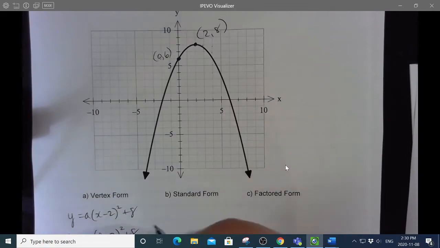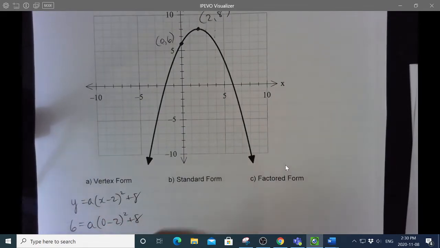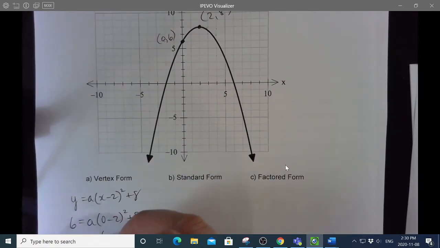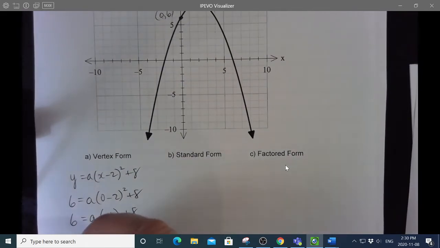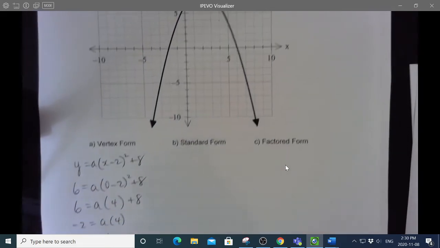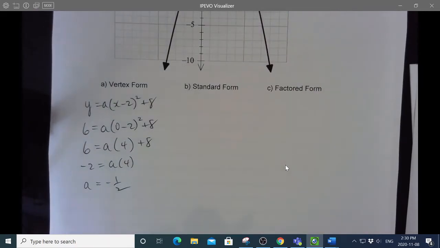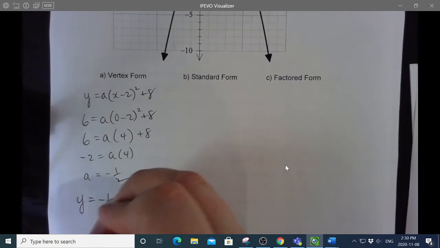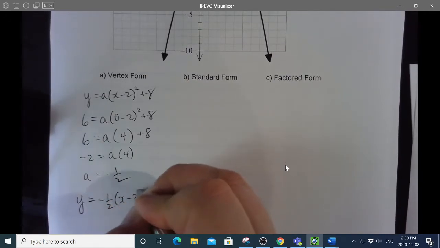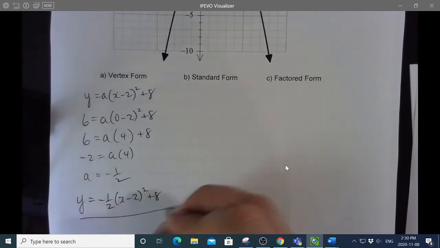And let's see if this turns out to be a half for the a value. I think that's what it's going to be, but this will figure it out for sure. 6 minus 8 is negative 2. And yeah, divide both sides by 4, and a is negative a half. So yep, in vertex form, sorry, I wasn't fast enough to move the paper there, y is negative 1/2 times x minus 2 squared plus 8.